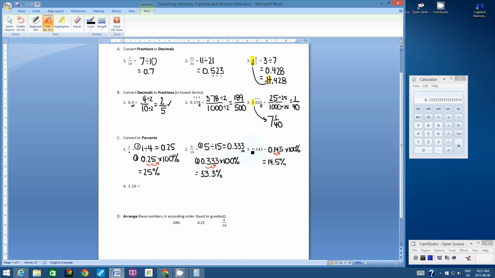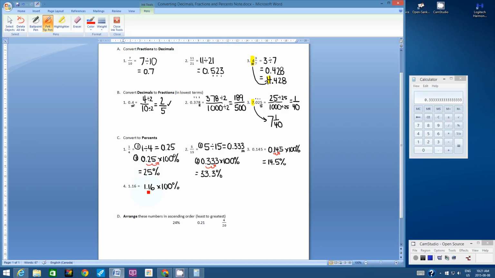Very similar to question 3, except there's a whole number. Okay, but don't let that intimidate you. So all we have to do is take the entire number, 1.16, and multiply it by 100. We don't need to ignore the whole number at this point.